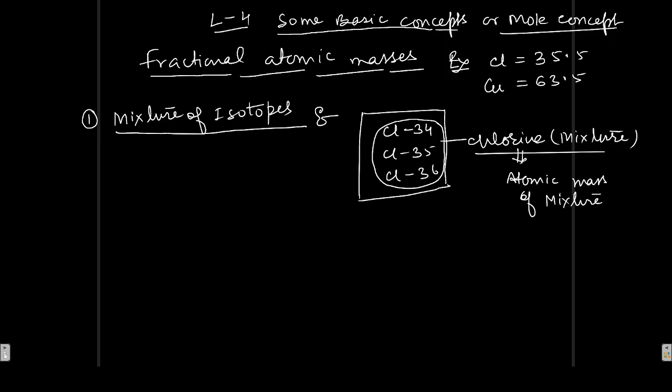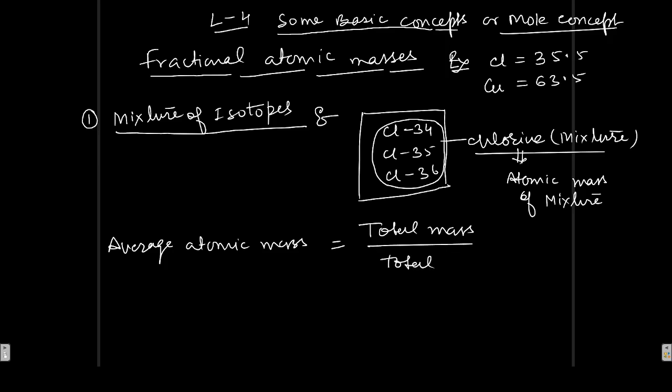So friends, the first cause of the fractional atomic mass is that the element is a mixture of isotopes. So we have to decide the average atomic mass, and it is total mass upon total number.